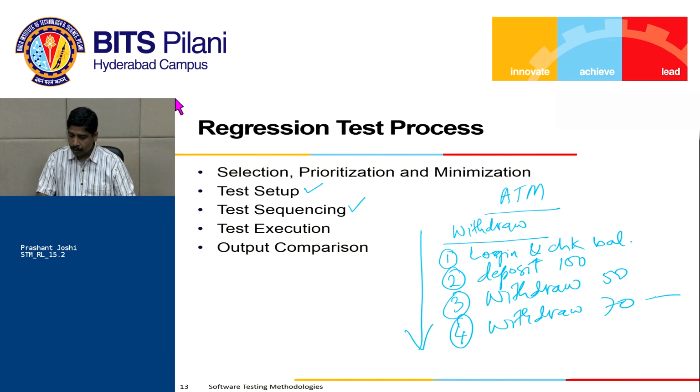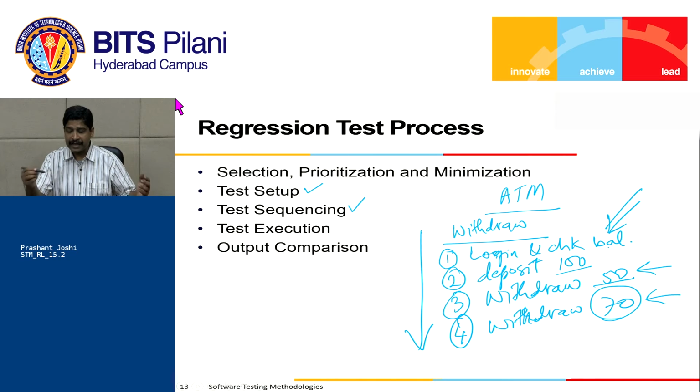But then the outcome of these test cases would depend on what is as part of deposit. But 2 and 3 are such a sequence that I would have deposited 100 and then withdrawing 50, withdrawal would be successful and depends on how I have written the test case. Now if my fourth test case is going to expect that I withdraw 70 and the withdrawal should be successful, now I have an issue because I'm withdrawing 70, I've already withdrawn 50 and my deposit was 100, it assumes that my balance needs to be of X amount.